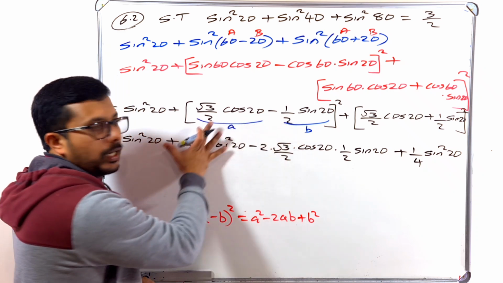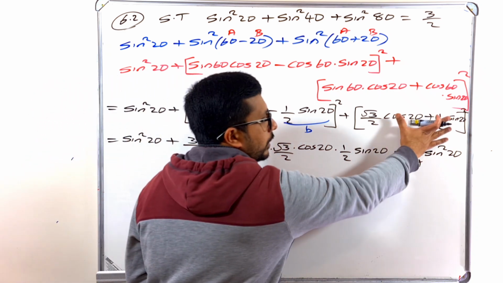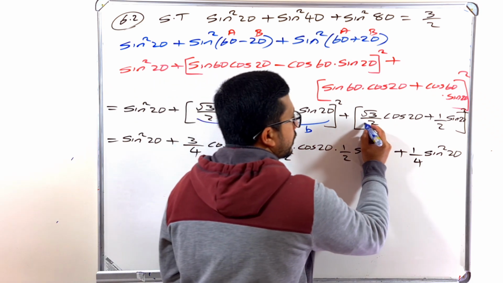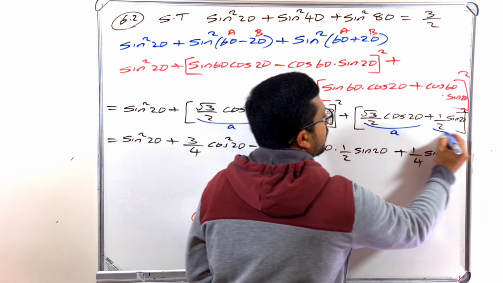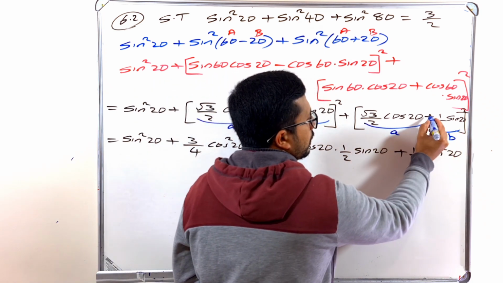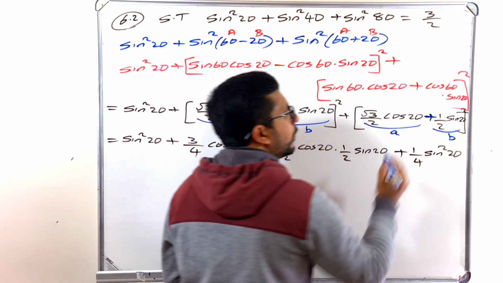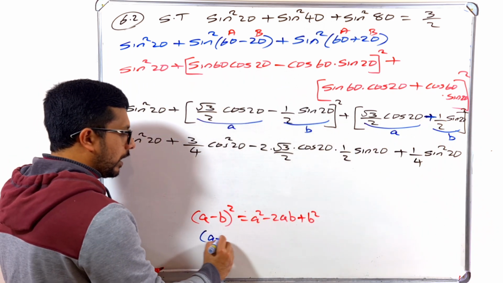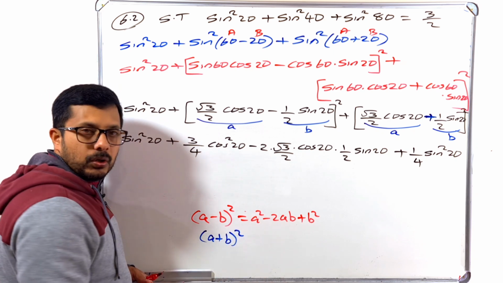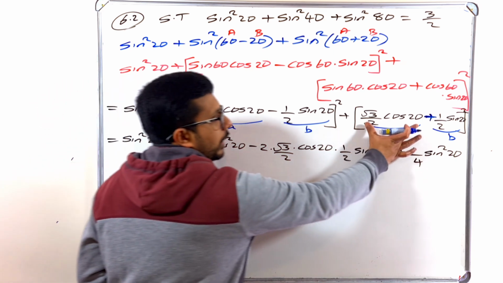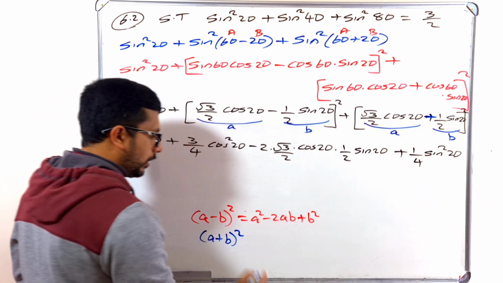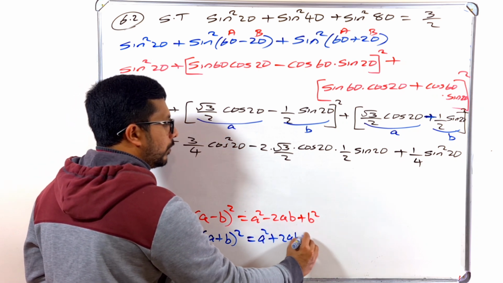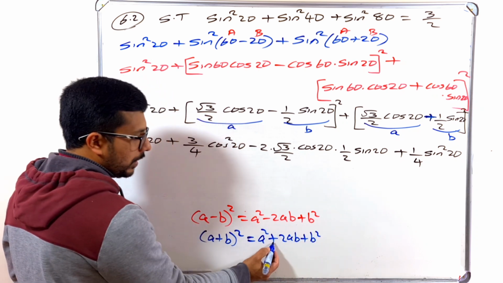Now this one is done. Now we have to expand this one. You have to consider this as a, this one is b. Here it is plus, so that one is a plus b the whole square. What is the expansion? a square plus 2ab plus b square. The only difference is here it is plus.